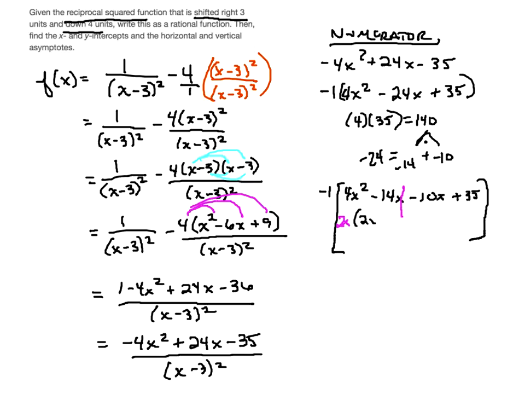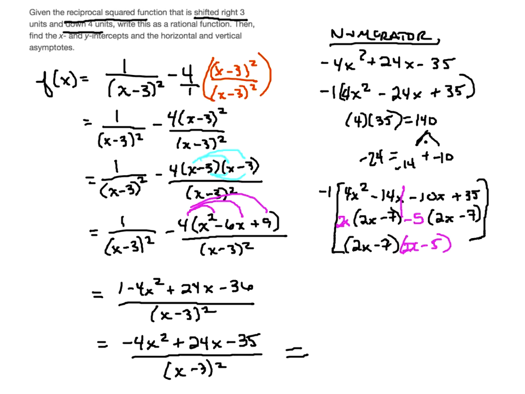GCF here is 2x, and I'm left with 2x minus 7. GCF on the other side is negative 5, because I don't want that negative leading term. This is 2x minus 7 as well. So this thing factors as 2x minus 7 times 2x minus 5. Okay, so I'm just going to write this polynomial function in this form as well.